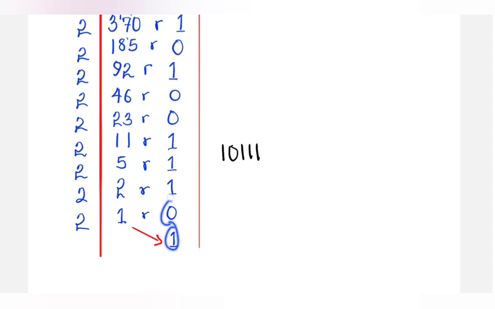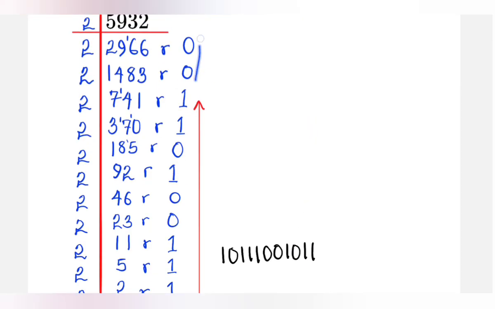We have to be very careful in picking those values. Then we have 2 zeros, then 0, 0, base 2. This is our correct and final answer.